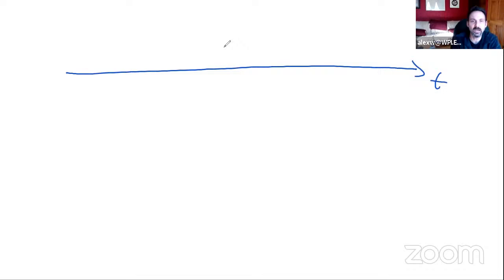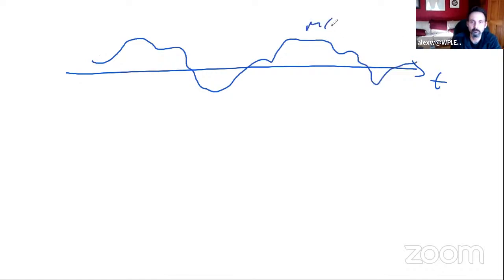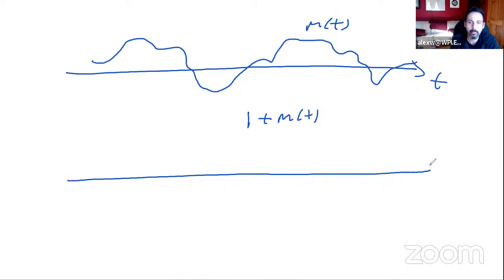Let's say here's my time function, m(t). If I now do 1 plus m(t), I might get something like this.